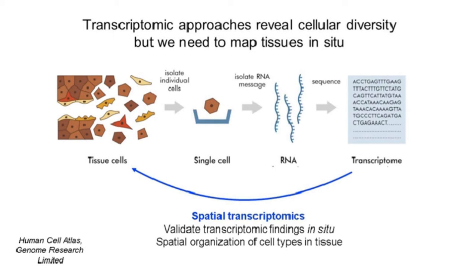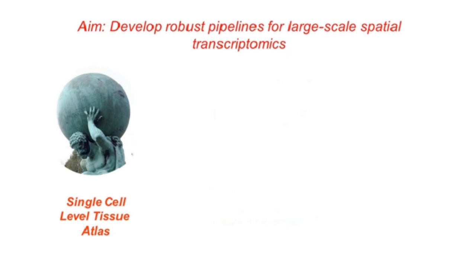First, we can use these alternative in situ methods to validate the transcriptomic findings. Second, beyond just molecular validation, spatial transcriptomic methods allow us to study the cells in their native environment and the intact tissue. This way, we can resolve spatial relationships between cells, for example, stem cells and supporting cells, and also determine the functional global organization of tissues.